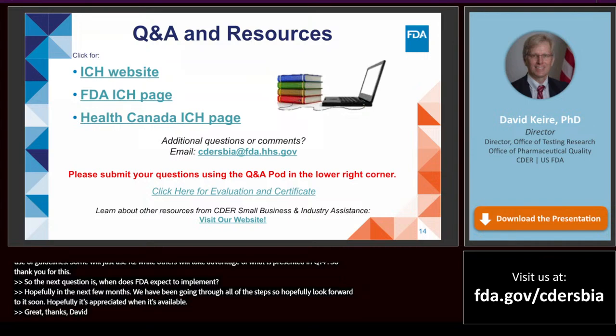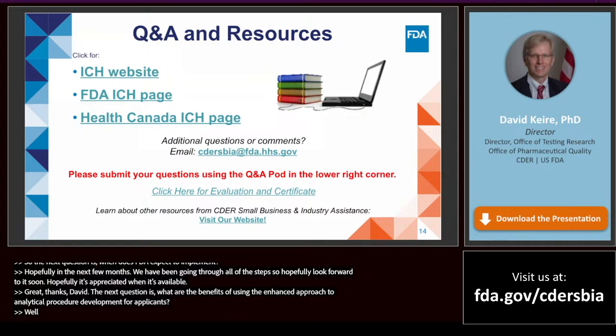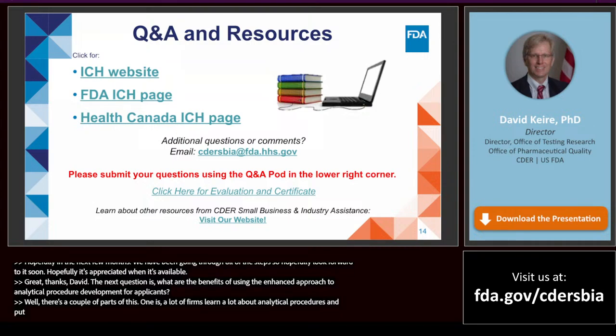The next question is, what are the benefits of using an enhanced approach to analytical procedure development for applicants? Right. So there's a couple parts of this. One is I think a lot of the firms, in development, learn a lot about their analytical procedures, and then they put it on the shelf, do a validation, and submit that to a regulatory agency.